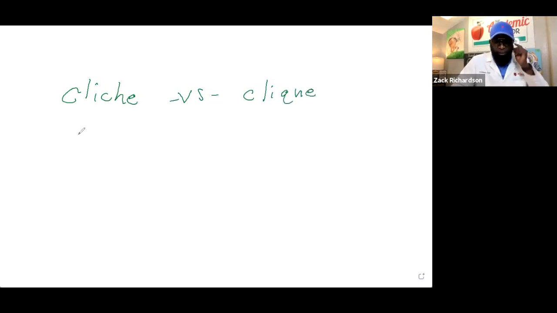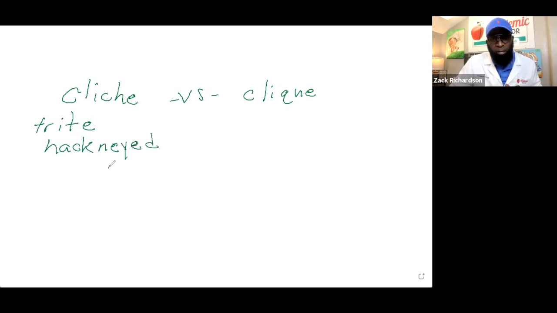A cliche is what they consider a trite, and they will use this word on the test, trite, or they like to say hackneyed, H-A-C-K-N-E-Y-E-D, expression. That is something that is stated over and over again, and it becomes overused or overanalyzed.